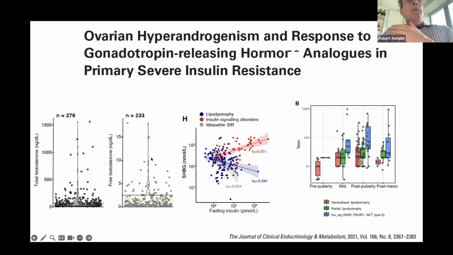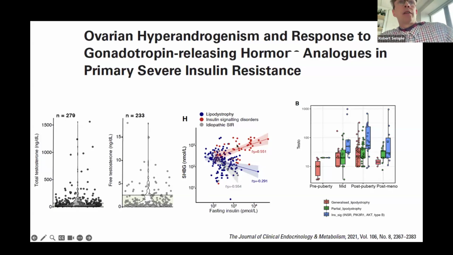So hypertestosteronemia, hyperandrogenemia of a degree sufficient normally to trigger searches for androgen secreting tumors is not at all uncommon in severe insulin resistance. I just add the caveat that after years of severe insulin resistance, sometimes androgen secreting tumors do arise as well. So I think of it as a sort of hyperplastic soil from which autonomous tumors can appear.